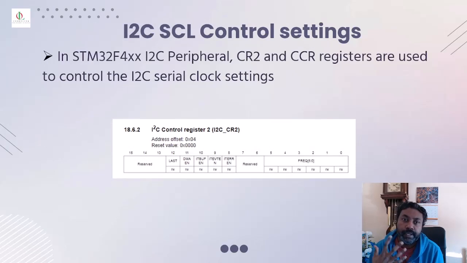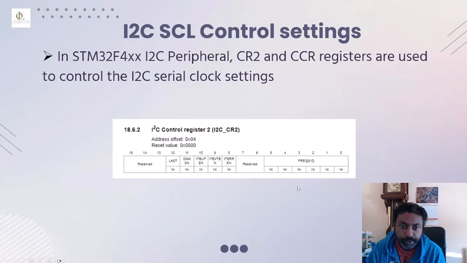Continuing further, you need to set these two control registers to use the peripheral. In the STM32F411, to use the serial clock control settings of the I2C peripheral, you need to use control register 2 and the clock control register, the CCR register, to control the I2C serial clock.